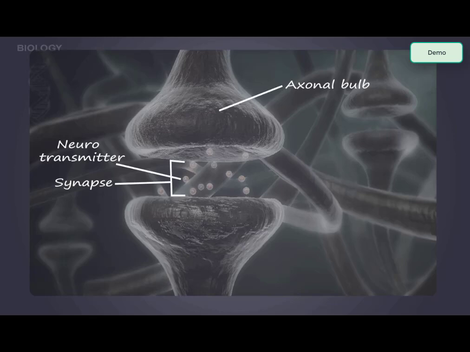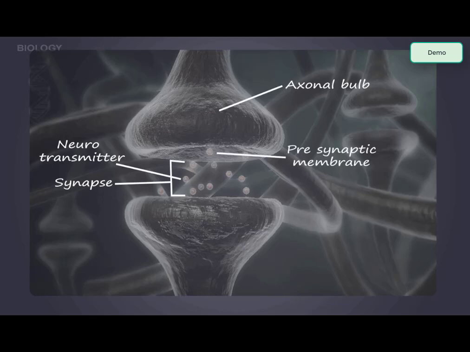Now, when we are seeing that there are two neurons involved, obviously for a nerve impulse to happen, what we will name them, the first one, the one which is going to send the nerve impulse, will be the presynaptic cell, which will also have the presynaptic membrane, because the membranes are involved, correct?